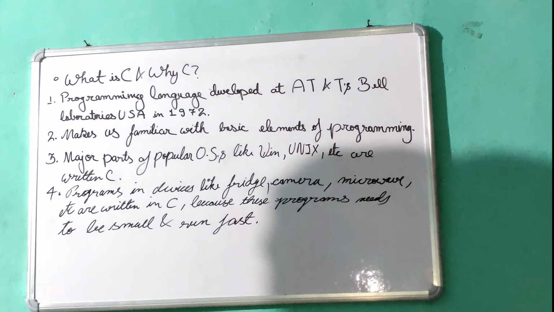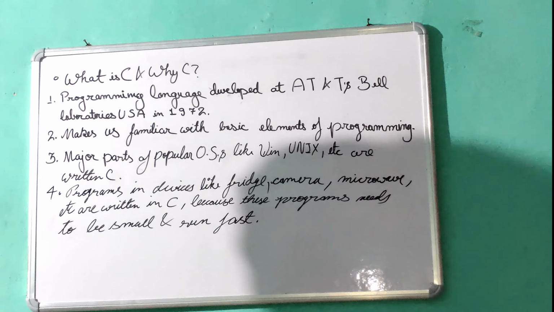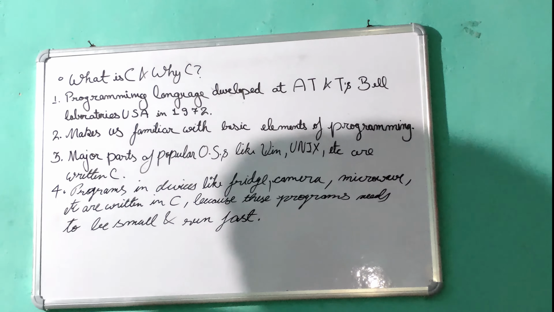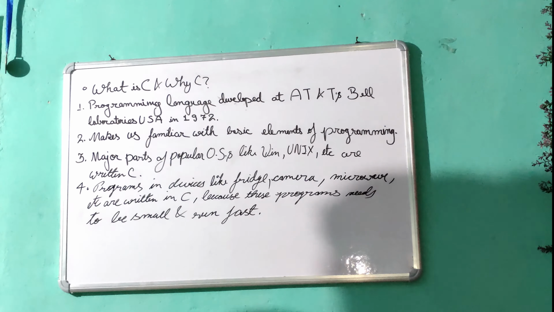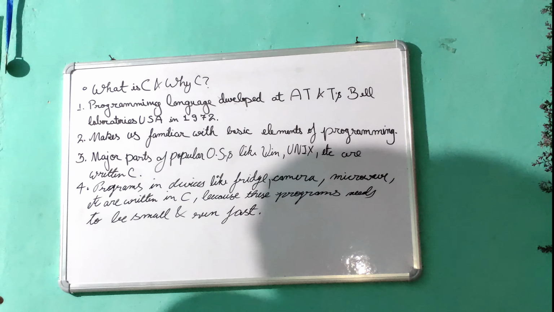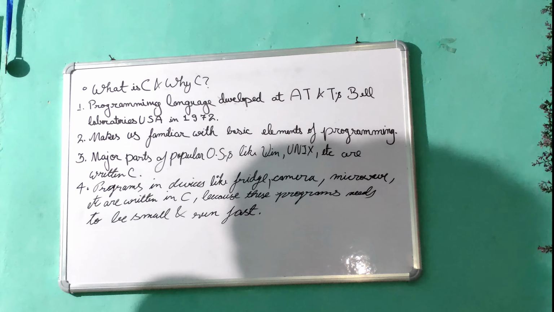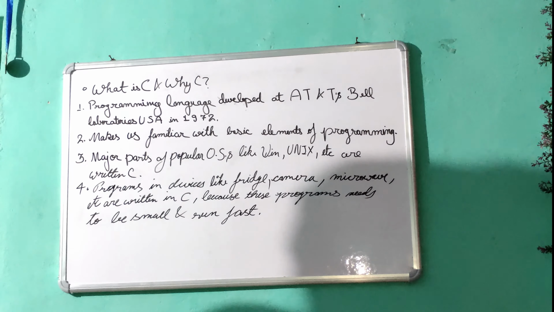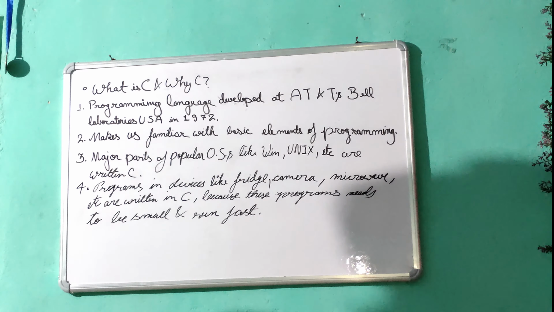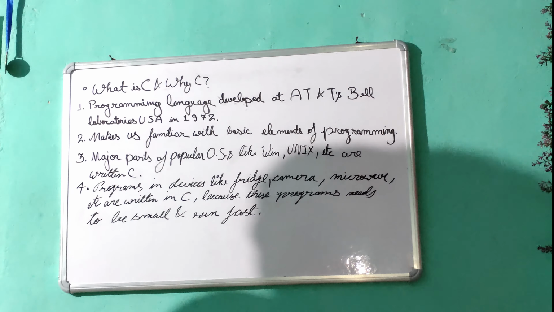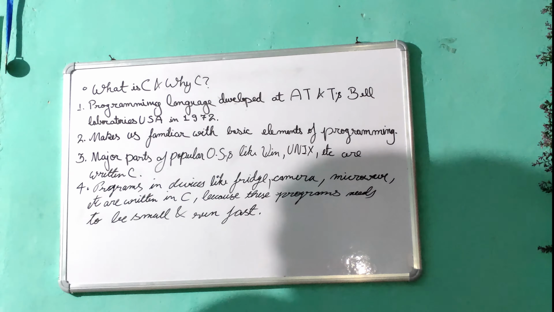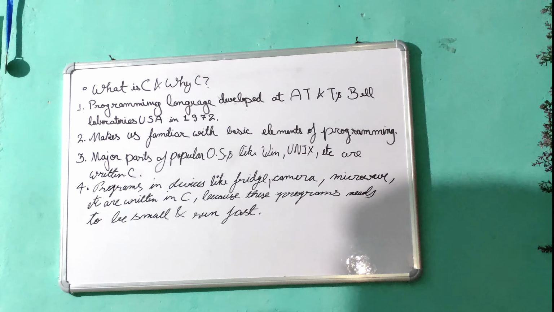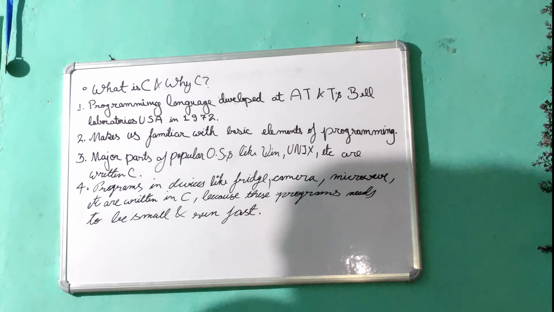All these things are becoming smarter, more interactive and more user friendly. This is because of the programs, the new features and upgrades that are made to them, and this is only possible because of using the C language. Because the C language occupies less space and runs faster, that's why it is used in these devices.